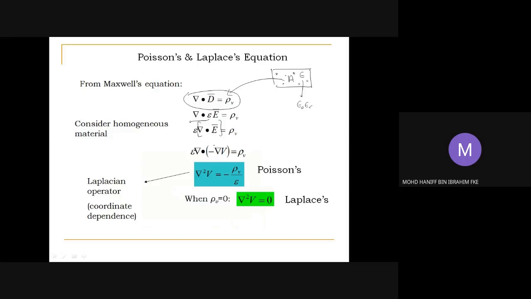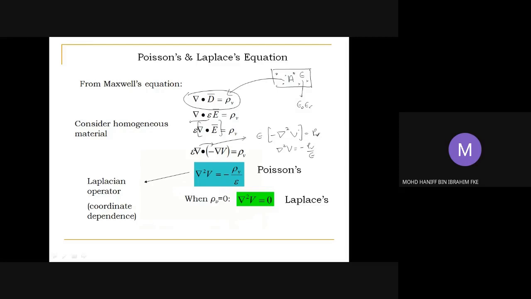The equation then looks like epsilon times negative del squared of V equals rho V. So del squared of V will be negative rho V over epsilon.